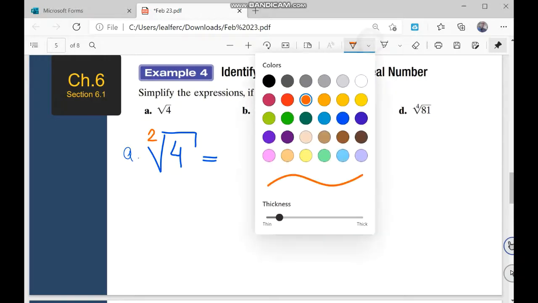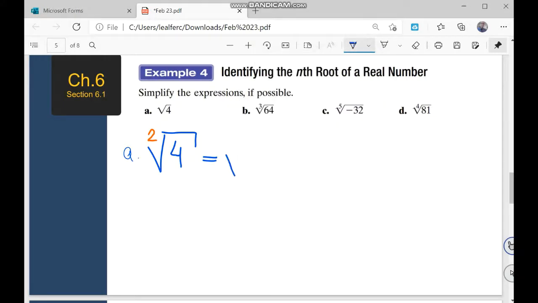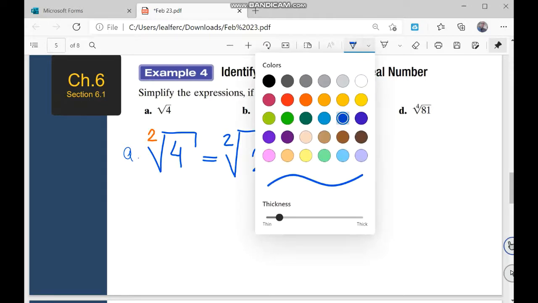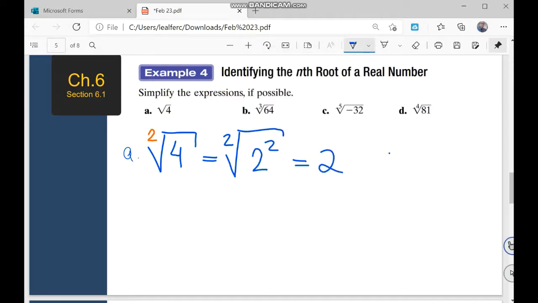We can write this index just to make sure we understand. Write the index 2. And 4 we can write as 2 squared. That means if you look at the definition, the answer is equal to 2.